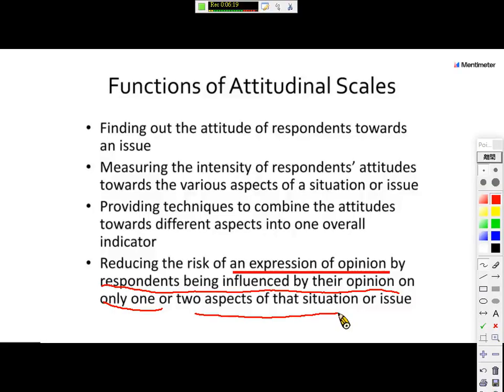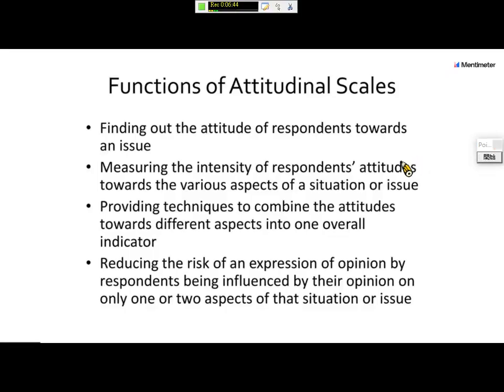If they are interviewed, they will talk more, so it seems that their opinions weigh more, more influential than the people who don't talk at all. But if you are using attitudinal scales, people just fill in the answer and give it to you. So everyone is equally treated. This is a good thing about attitudinal scales.